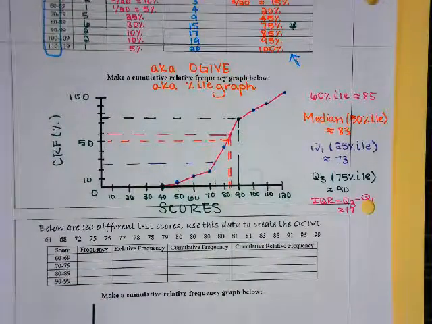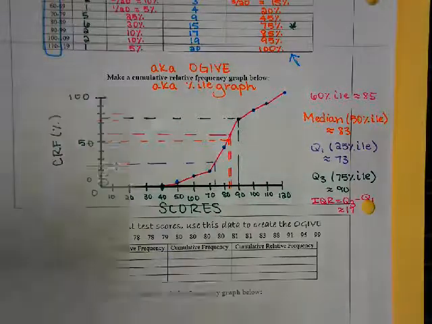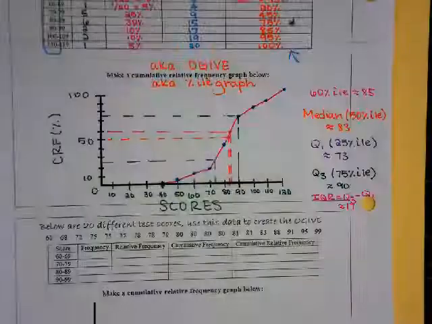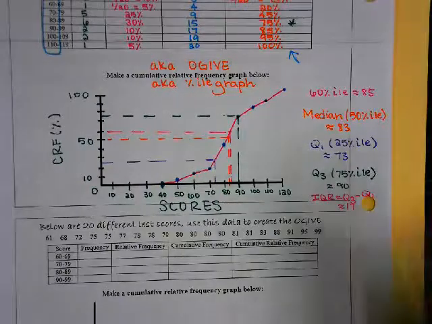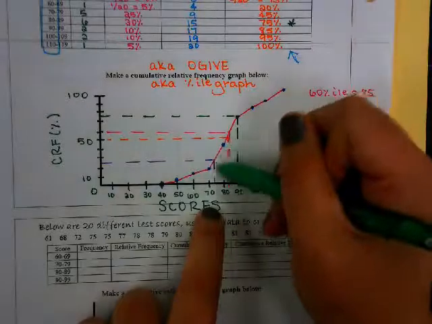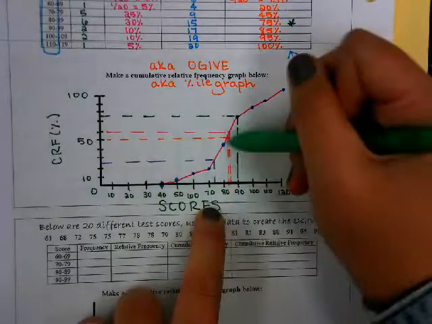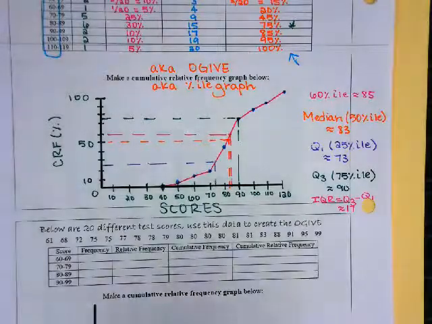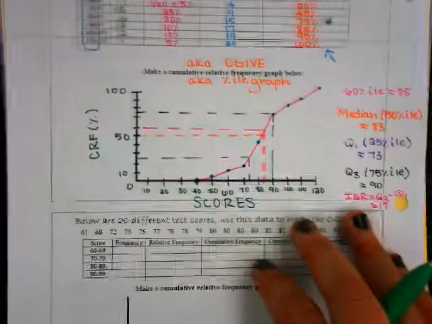So our tallest bar in our histogram from the warm-up was that 80 to 90 range. And if I look from 80 to 90, 70 to 80 is a pretty steep slope, but you can see it's almost more straight up and down between 80 and 90. So your steepest slope in an ogive corresponds to the tallest bar in a histogram, or the most frequency.